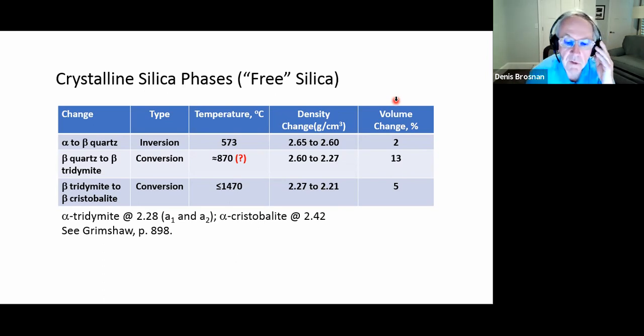So let's take a look at crystalline silica. And here are some phases. Quartz is the form that we most encounter in our everyday lives. Alpha quartz, the symbol right here means alpha quartz. The Greek lowercase letter alpha is the low temperature form of quartz that we normally see on the surface of the earth.